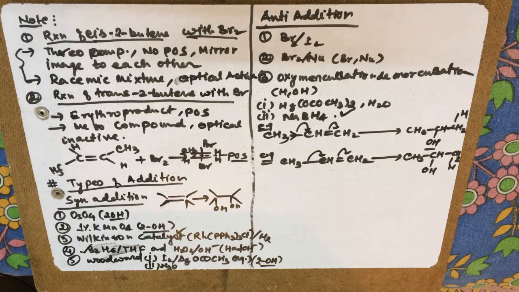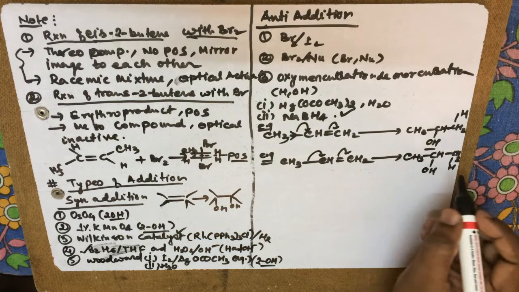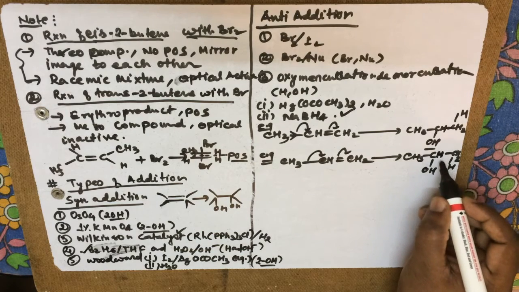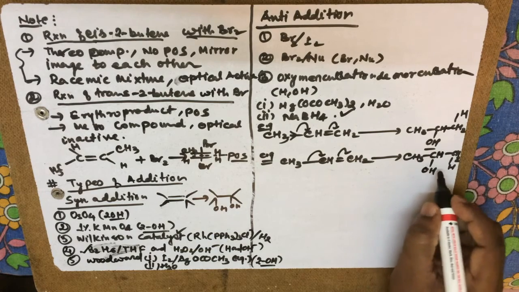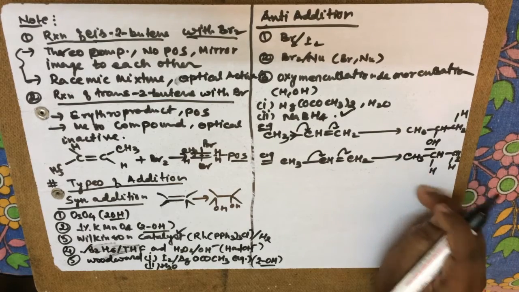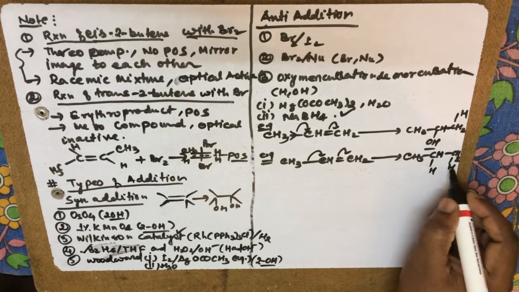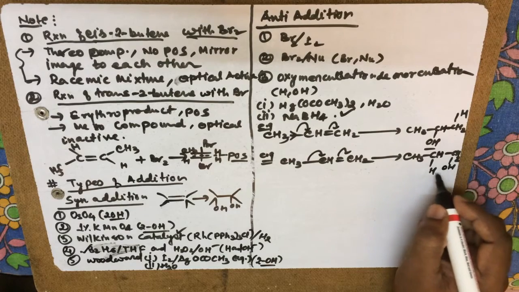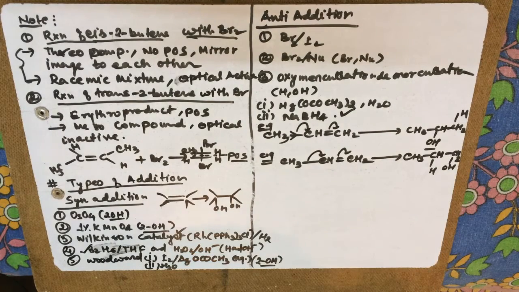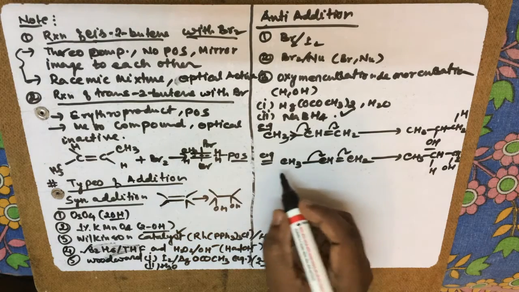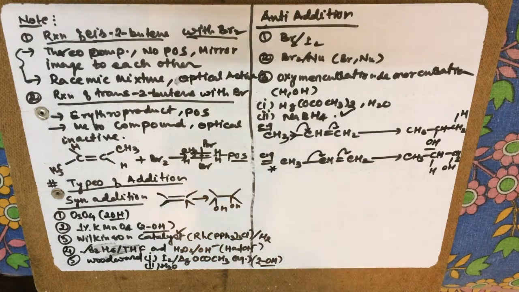The Markovnikov rule says that the negative part goes where fewer hydrogens are attached. Here the carbon with fewer hydrogens is this one, where 2 hydrogens go, so the negative part goes here, not here. So the OH will go here and the hydrogen will go here. You have to mark a star: this reaction will undergo Markovnikov rules.